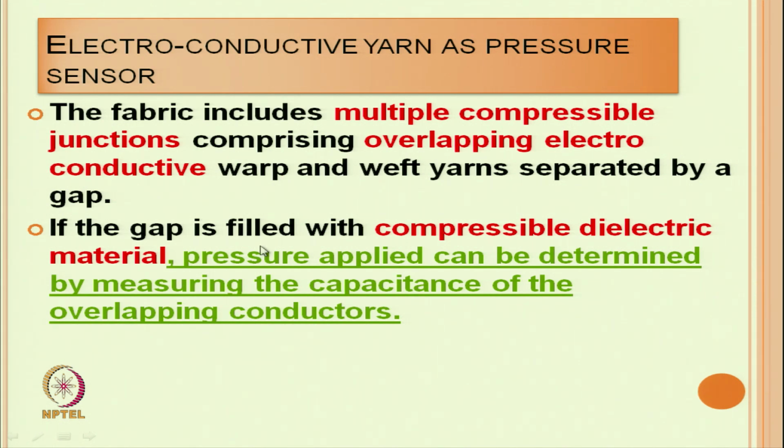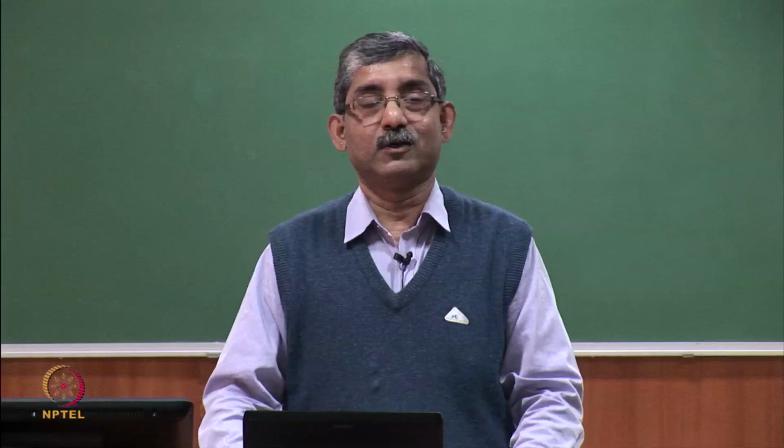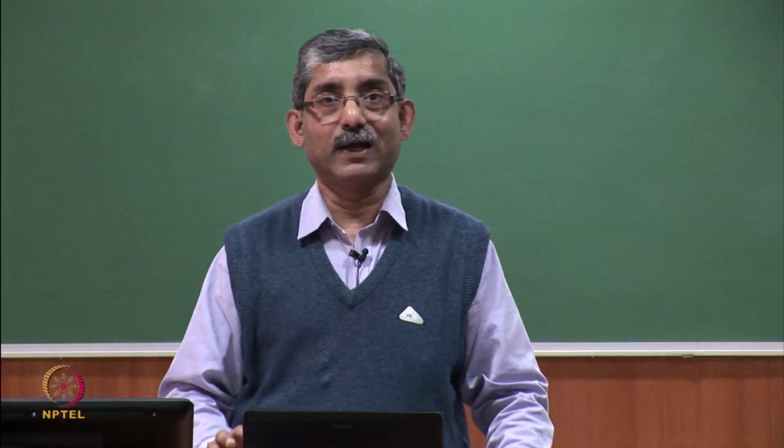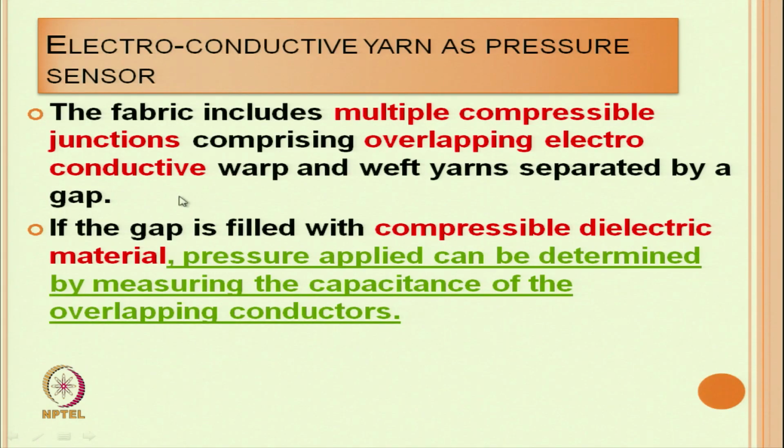The warp and weft yarns are electroconductive yarns, and in between the compressible dielectric materials are kept. So, depending on the pressure applied, the capacitance will change, and due to conductive threads, warp and weft threads, this pressure value can be measured.